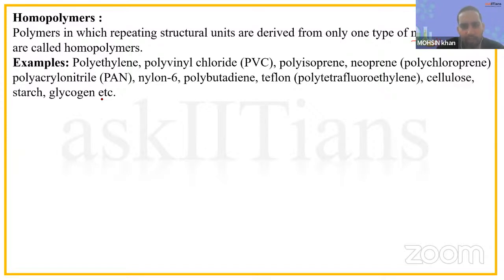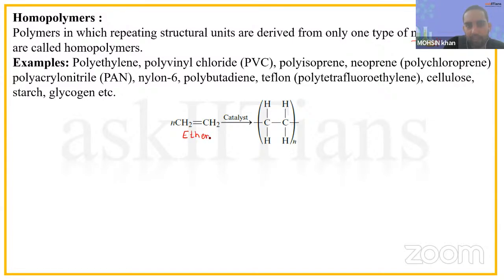We are also going to discuss their structure later. Here is an example: we take ethene and we get polyethene. In polyethene, all the monomeric units are ethene, so it is called a homopolymer.